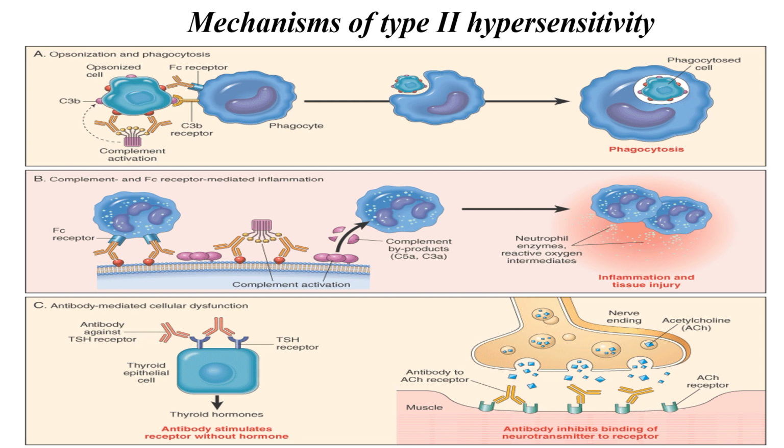Next, antibody-dependent cell dysfunction. In one case, there is antibody against the thyroid stimulating hormone receptor. The antibody connects with this receptor, and thyroid stimulating hormone cannot bind to the receptor, and the antibody stimulates the receptor without the hormone.